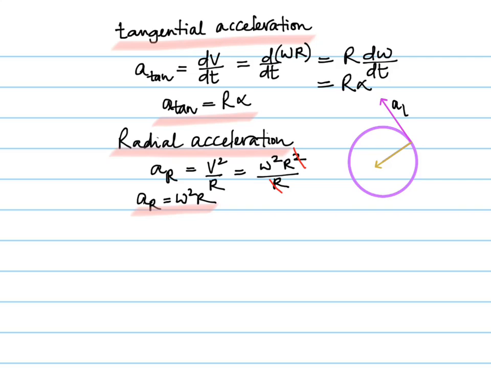And now I'm showing you the directions of both. Obviously, tangential acceleration is along the tangent, and radial acceleration is along the radius. So you have both. Do they affect each other? Do components at right angles affect each other? No, they don't. So they don't affect each other because they are at 90 degrees. So you need to remember this.